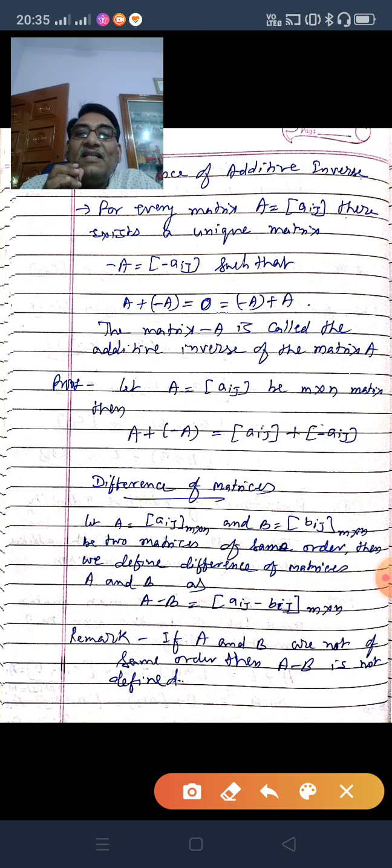Now, difference of matrices. Let A be Aij of m cross n order and B be Bij of m cross n order, two matrices of the same order. Then we define the difference of matrices A and B as A minus B equal to Aij minus Bij of m cross n order. Remark: if A and B are not of the same order, then A minus B is not defined.